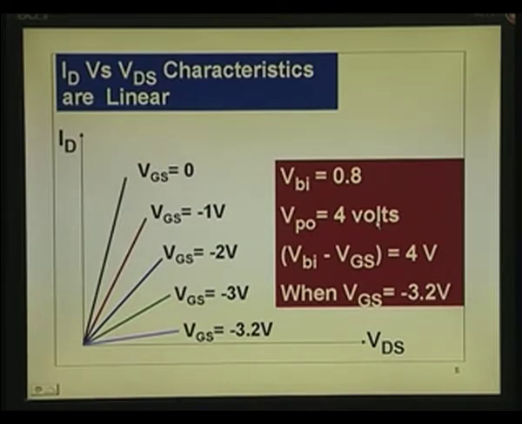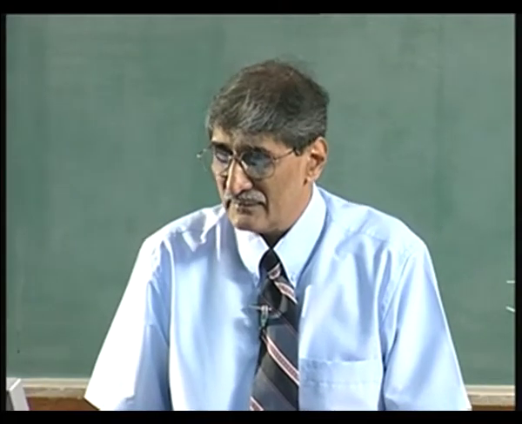So, if VBI is 0.8 volts, when VGS equal to minus 3.2 volts reverse bias, the total quantity will be 0.8 volts VBI, and this is minus 3.2. So, 0.8 minus 3.2, that is 4 volts. So, when VBI minus VGS is equal to 4 volts, you have got a potential drop across the channel equal to Vp 0.